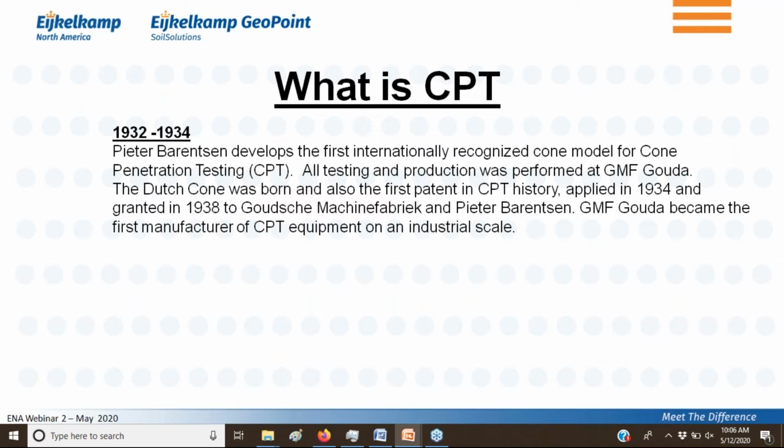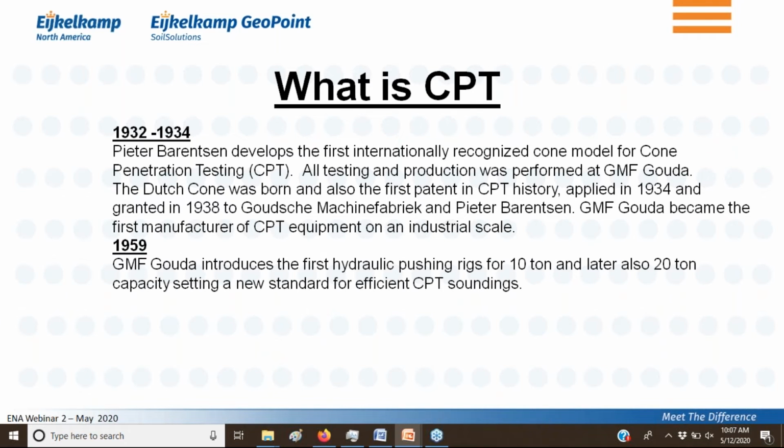At that time, very simplistic, one metal piece, cone-shaped, was pushed in the ground by hand. And that gave you an indication of what the bearing capacity was of the soil. Then in the late 1950s, the hydraulic pushing rigs were developed, first for 10 ton, later for 20 ton. So you no longer had to push it by hand, but we're still talking about a mechanical cone, no moving parts.